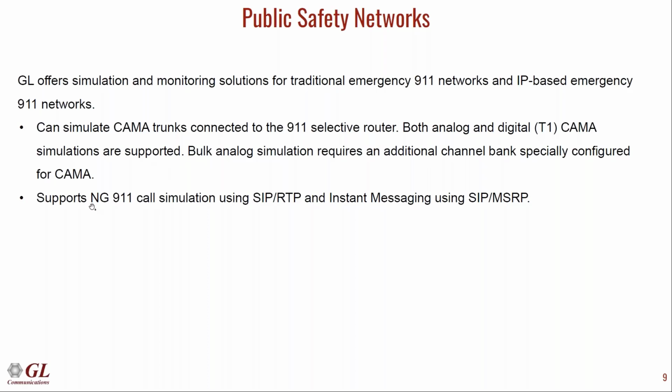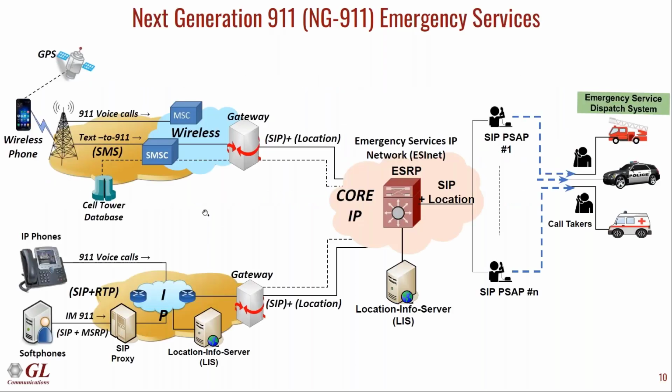And finally, this last bullet talks about next generation 911. I actually have a slide on this, so let me just go to the slide. Some of you may know a lot of emergency services networks are transitioning to these next generation 911 systems, where not only will they be able to take calls, but they can also take text messages, and you can send in video and so on.